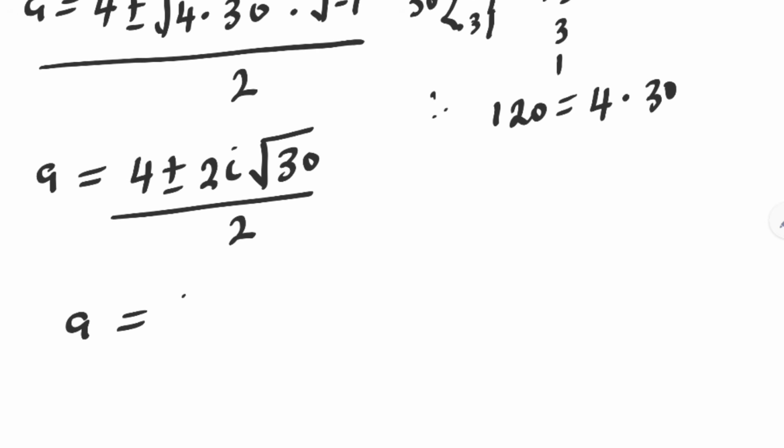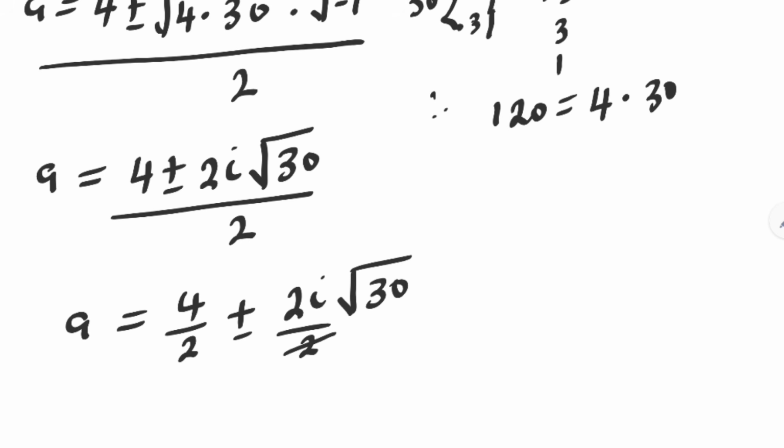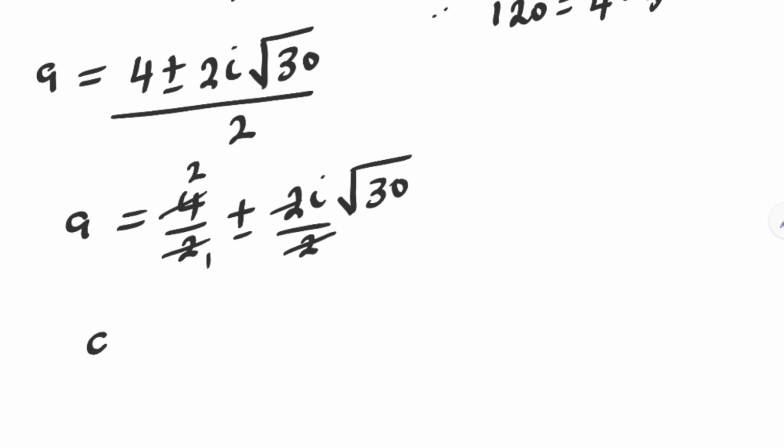A is equal to 4 divided by 2 plus or minus 2I root 30 divided by 2. This cancels this. 2 here 1, 2 here 2. A is equal to 2 plus or minus I square root of 30.